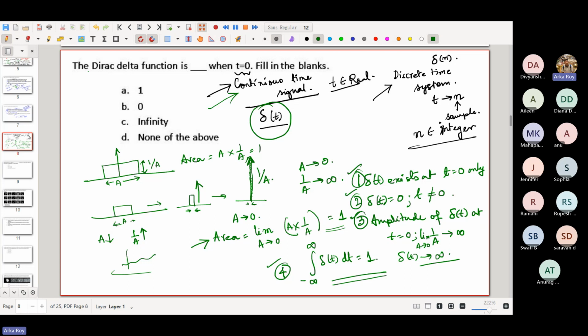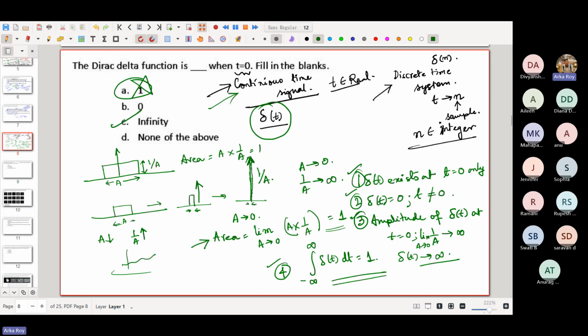So the question states that the Dirac delta function is dash when t equals 0. That means the question is asking, at time t equals 0, what is the value? If you put a equals 0, that value is 1, so this one is incorrect.